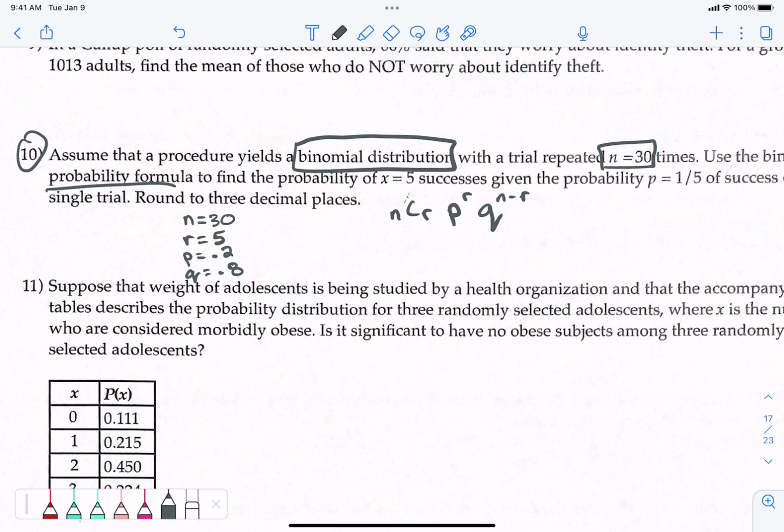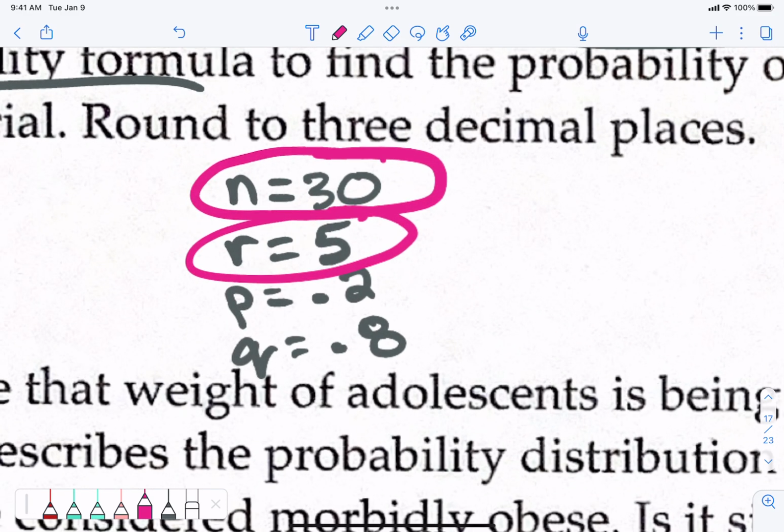If I have a 20% chance of success and I have 30 trials and I want to know the chances of me getting 5, do you think that's going to be really, really super low, or a decent amount? Any guesses?